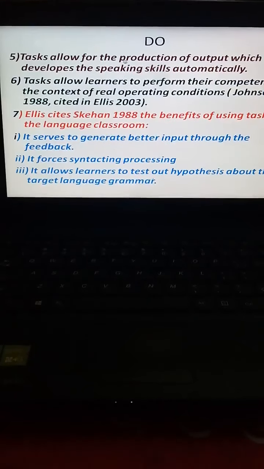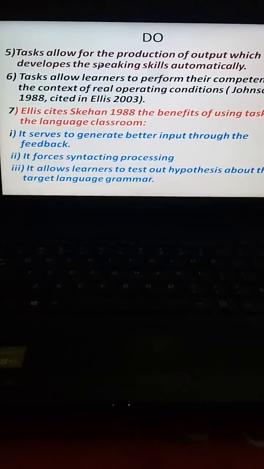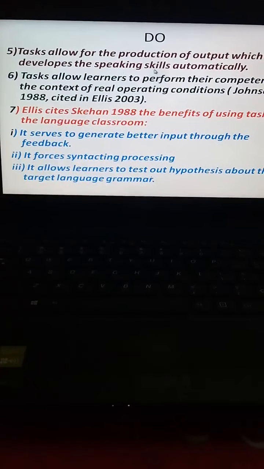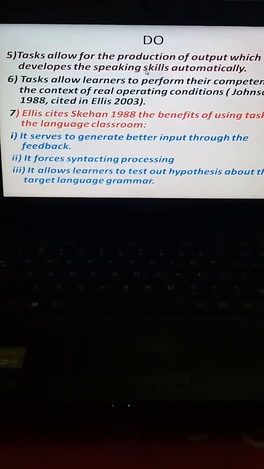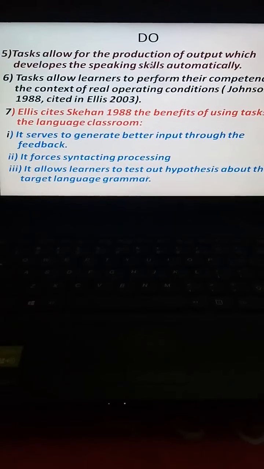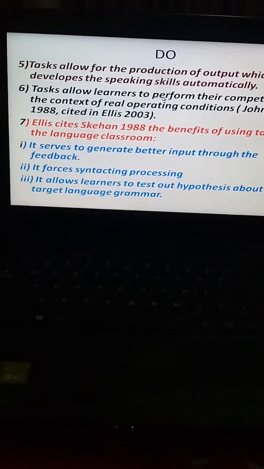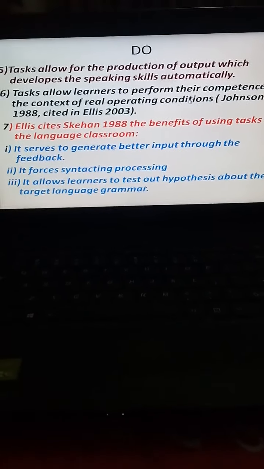This is very important because task-based language teaching is based on communicative language teaching, and in task-based language teaching, speaking skills can be developed automatically. Number six, tasks allow learners to perform their competence in the context of real operating conditions. This point is taken from Johnson, 1988.